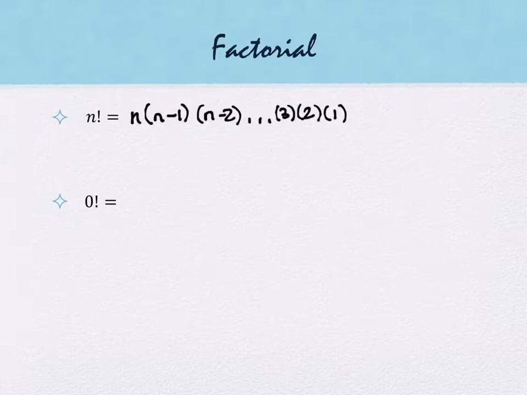I'll come back to 0 factorial in a minute, but 4 factorial means that we're going to multiply out 4 times 3 times 2 times 1. That's what that notation means. So what is 4 times 3 times 2 times 1? 24. Yeah, it's 24.